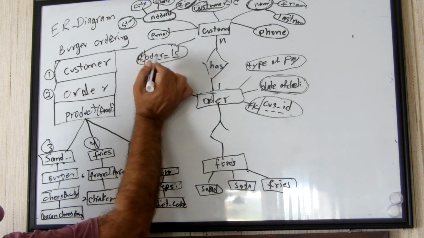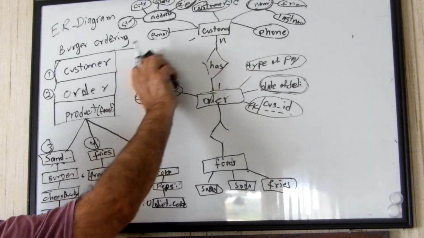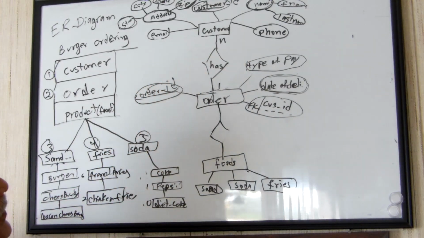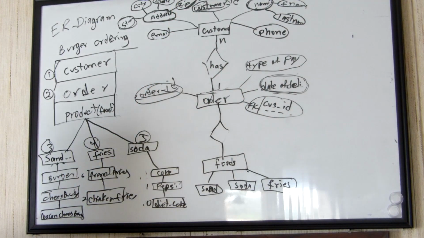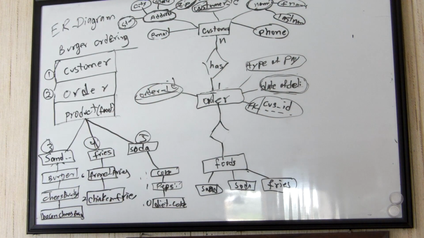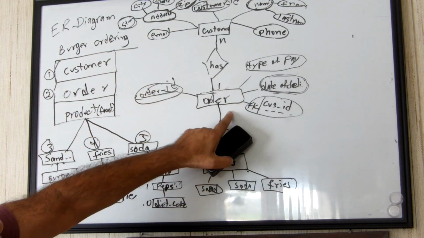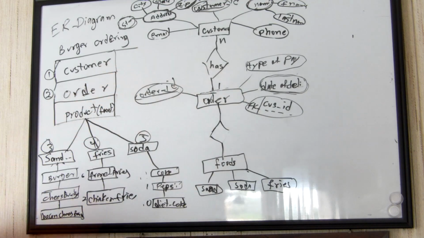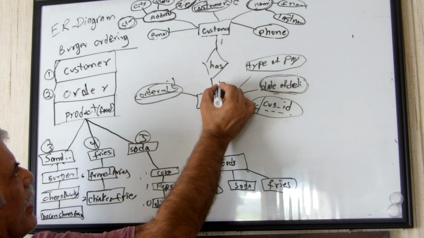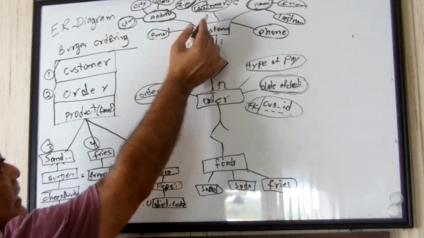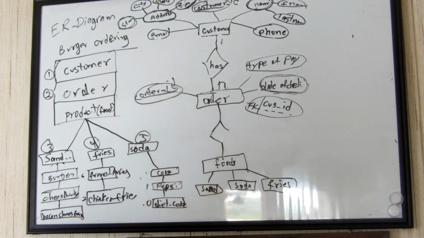I hope you understand that if the relation is one to many, the primary key of the one side is included in the many side. Right now it is 1 to n, which means you write the customer ID as a foreign key in your table. Okay?